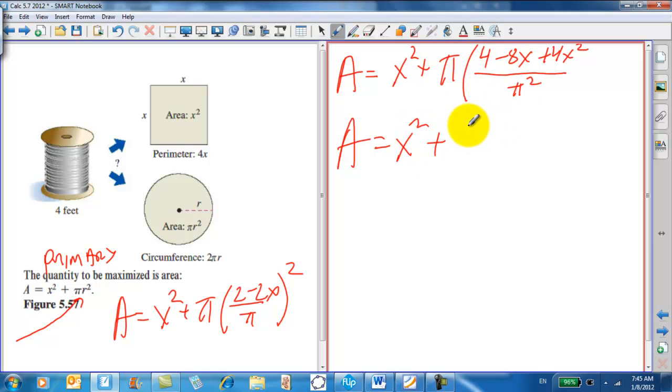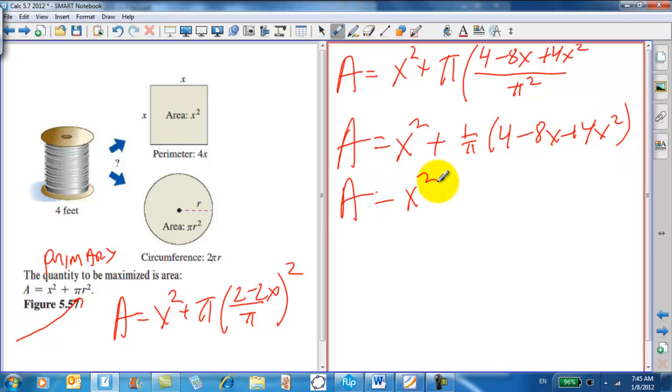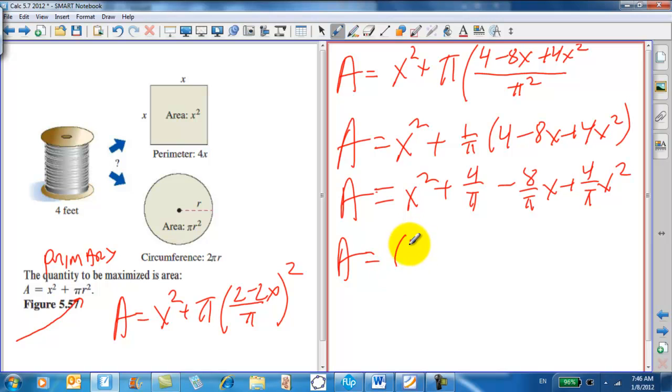So that's 1 over pi times 4 minus 8x plus 4x squared. So the area is x squared plus 4 over pi minus 8 over pi x plus 4 over pi x squared. I'm actually going to put it in the form of a quadratic.